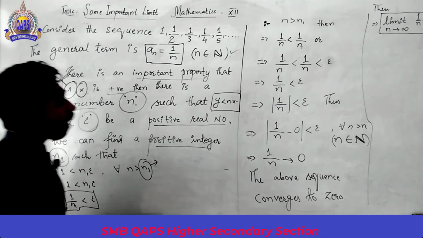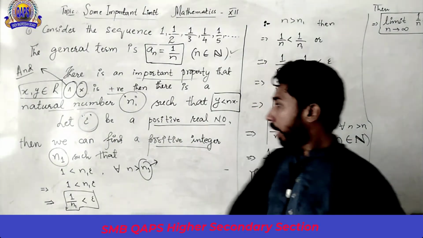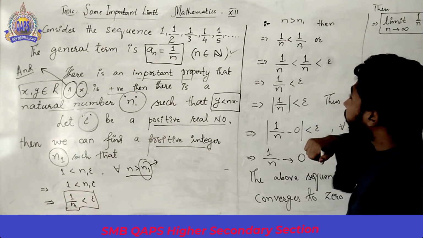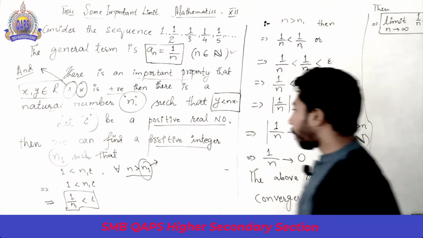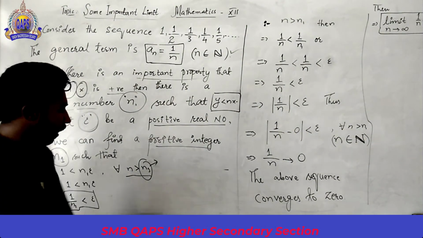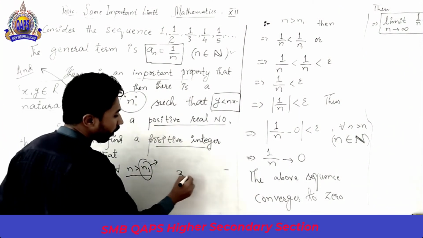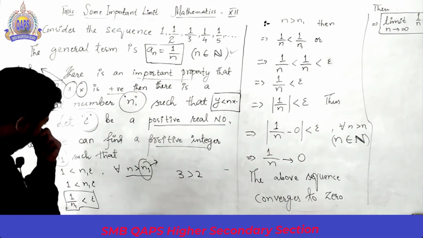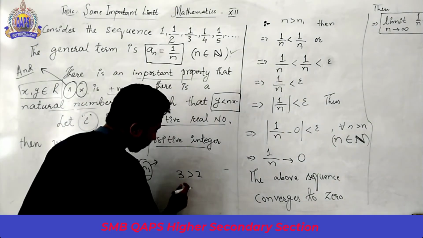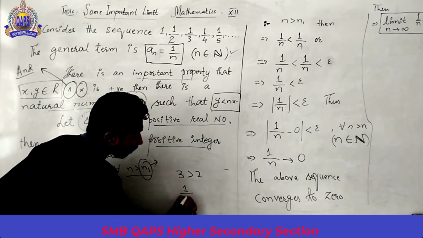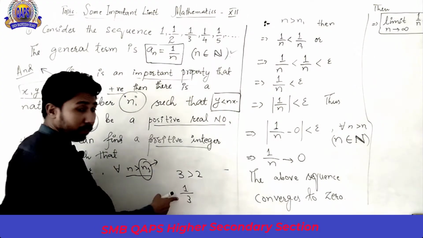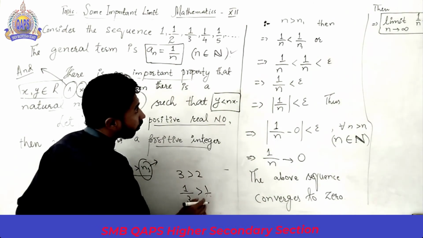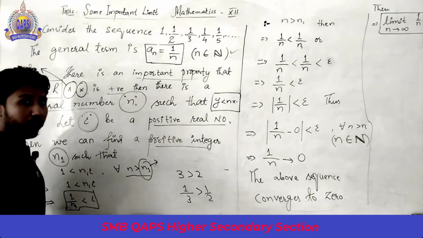Now in this form, n greater than n1. Suppose 3 is greater than 2. If we put 1 upon 3 greater than 1 upon 2, is this right or wrong?